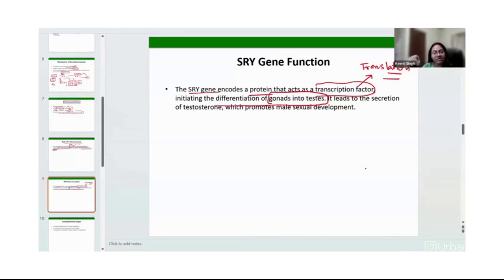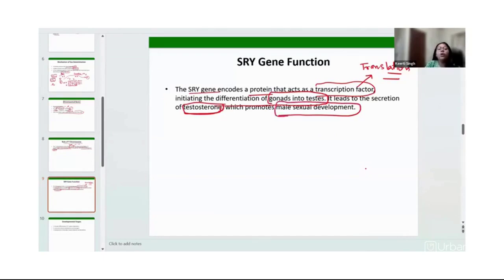And it will also be responsible for the secretion of the male sex hormone, the primary sex hormone, which is testosterone. This testosterone will actually promote the male sexual development.